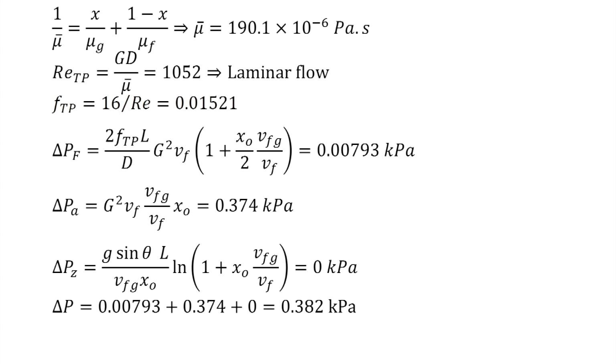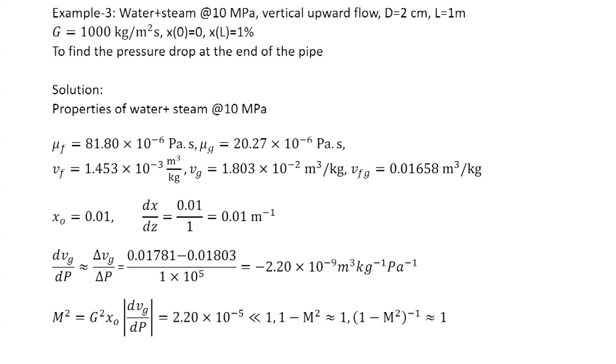Delta Pa, we substitute values in the expression and we get 0.374 kilopascal and delta Pz will be 0 because it is a horizontal pipe in this case. So, by adding these pressure drops we get the total pressure drop as 0.382 kilopascal.